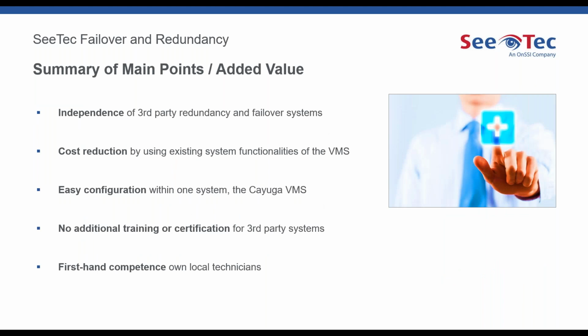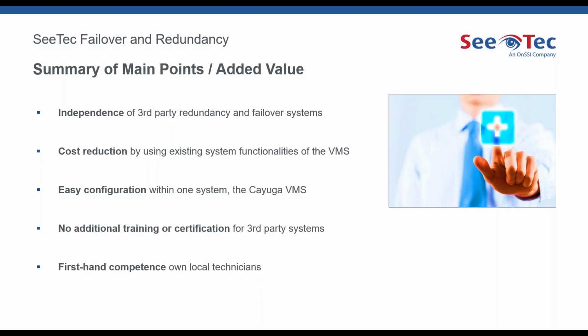So some of the points that I just want to stress, I'll just expand on a couple of these bullet points. There are no third-party items in terms of software or hardware involved with deploying a Cayuga VMS in a situation when you want to have a failover or a redundancy.